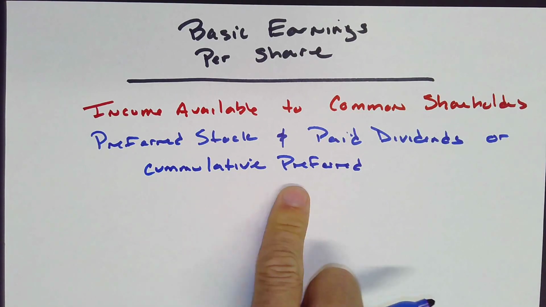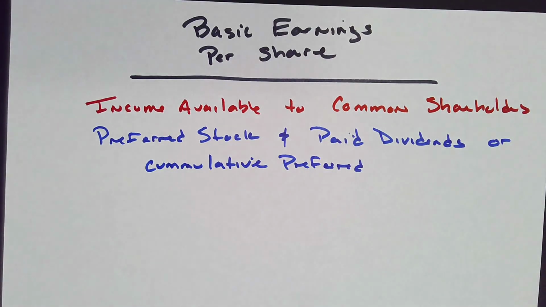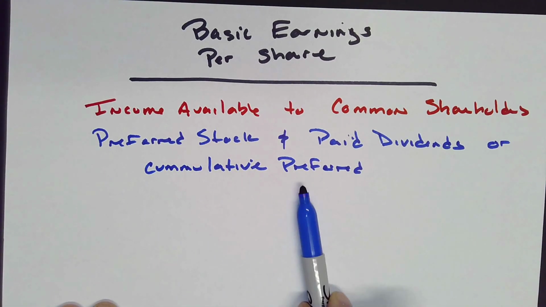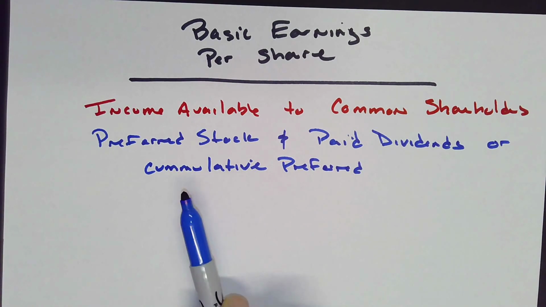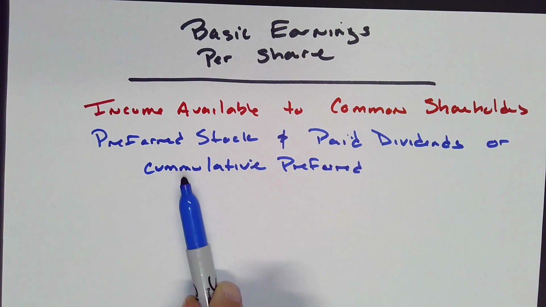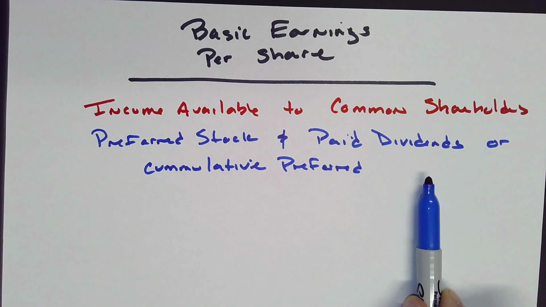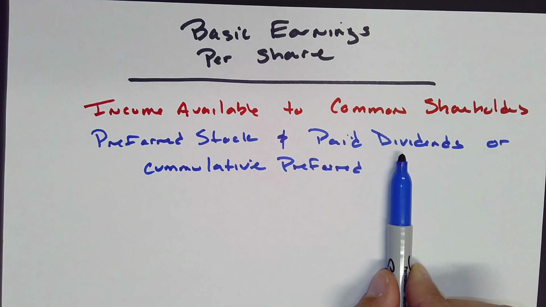And that, if you recall from your previous course, means they are obligated. If it's cumulative preferred in the preferred stock contract, they're obligated to pay dividends, even though they may not in future years for previous years' past non-payment of dividends.